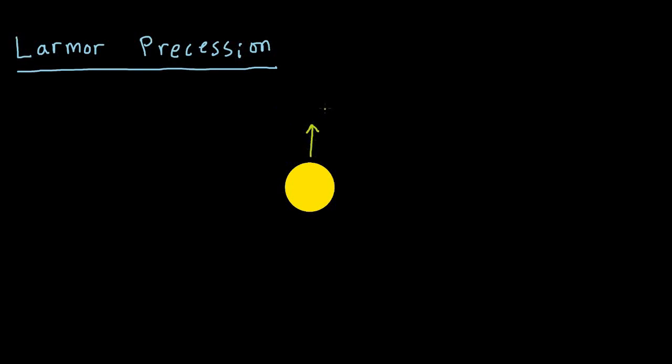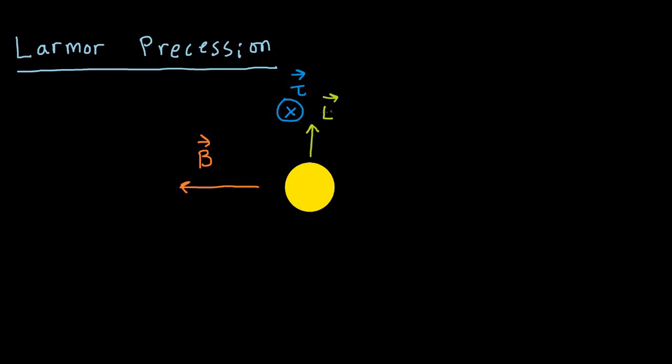And here actually I'm going to write the angular momentum L. If it's spinning along this axis, then the angular momentum is going to be pointing along the same direction it's spinning. And once again, we have the magnetic field pointing off this way. And we calculated that the torque is pointed into the screen. Okay, so that's what we just had from last time.